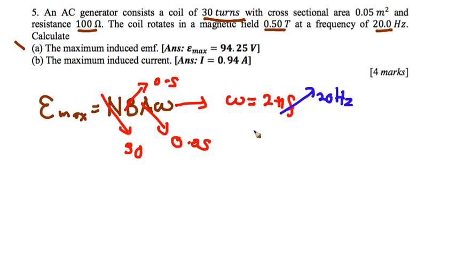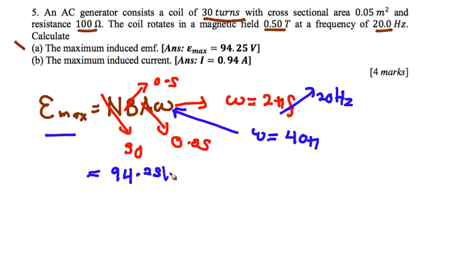So you can find the omega here is equal to 40 pi. So you can use the omega in the equation here. Now you can find the Emax is equal to 94.25 volt.